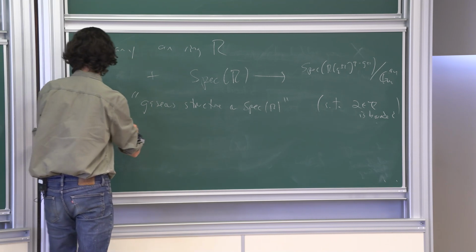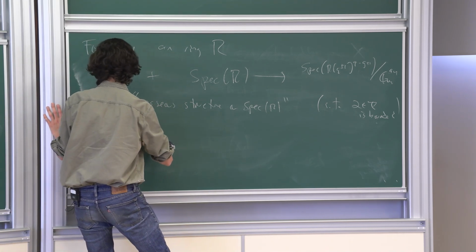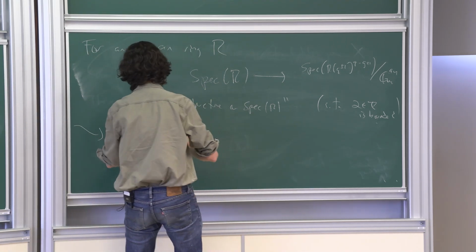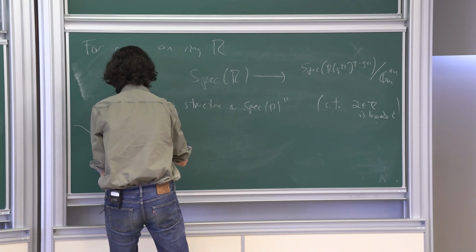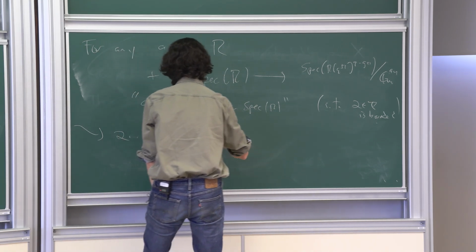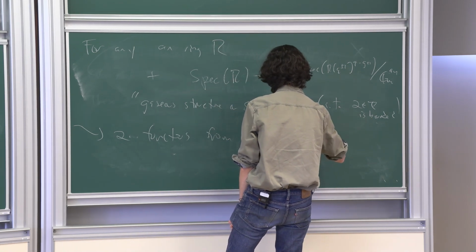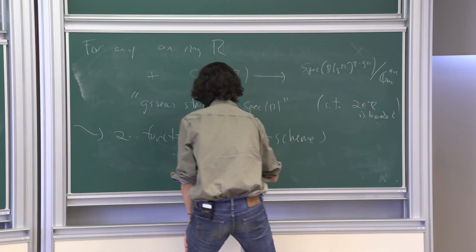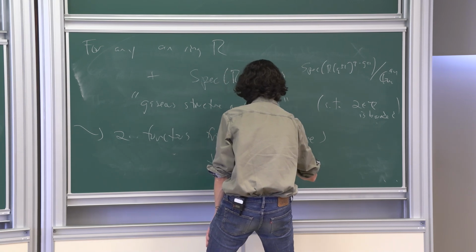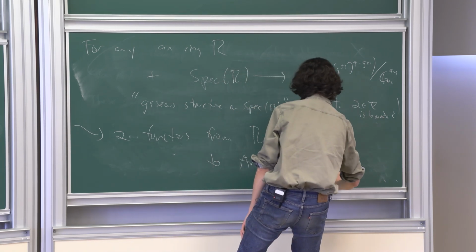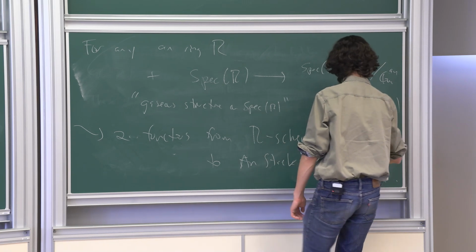We get a theory of analytification. So we get a functor. Well, we really get 2 functors from R schemes, say, to analytic stacks over R, plus a natural transformation.